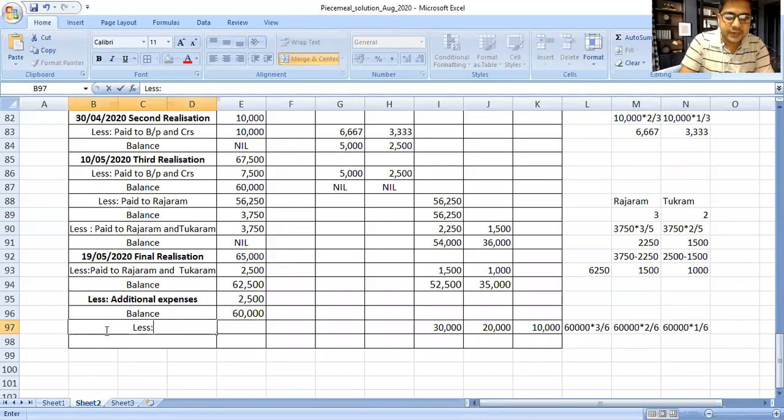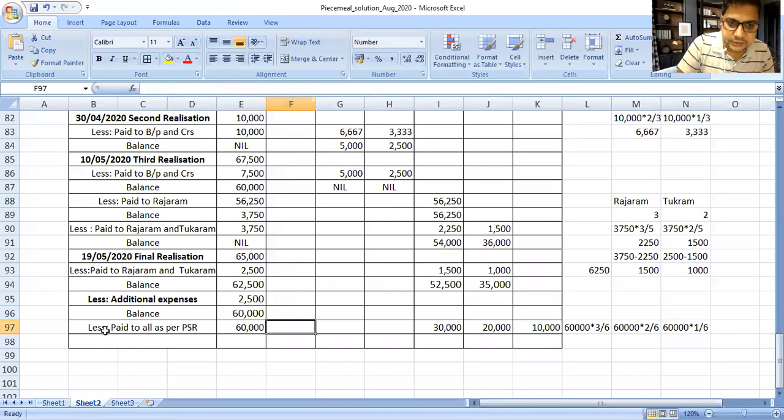So we will write here: less, paid to all as per their profit sharing ratio. So 60,000 amount we paid to all partners. Now there is no balance, nil.